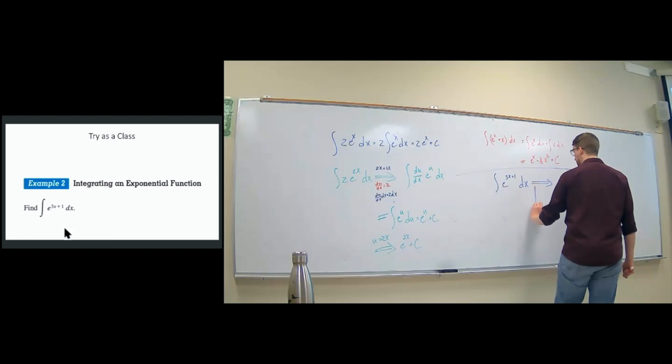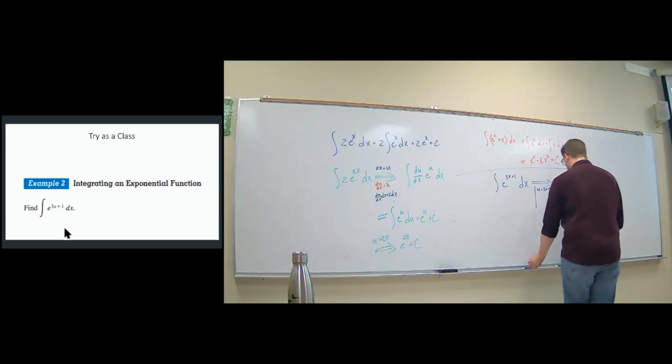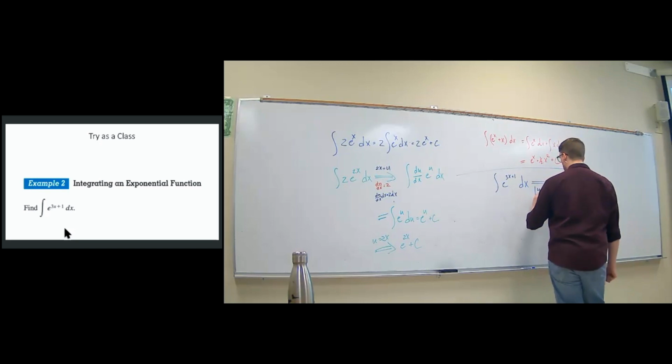Let's set u equal to 3x plus 1, then du/dx is going to be just 3, and du/dx dx is going to be 3 dx.